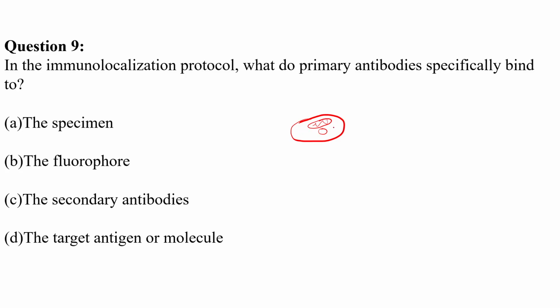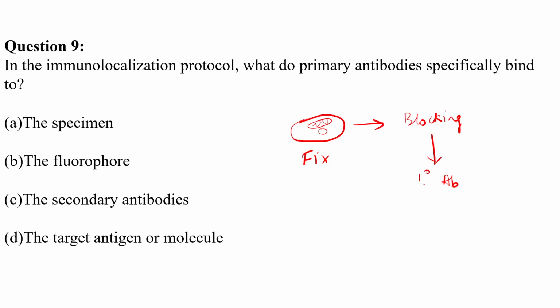First I have done the fixation, so I have fixed the cells. Then after fixation I'll do some blocking steps to prevent non-specific binding, and then I'll add my primary antibody.